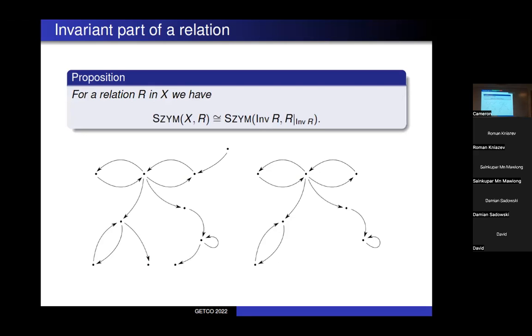Vertices mean elements of sets. Arrows mean that two points are related. Taking the invariant part of a relation means that we are cutting off all vertices which are not in a connected component or not between connected components. So on the right-hand side, we have the invariant part of the relation on the left.